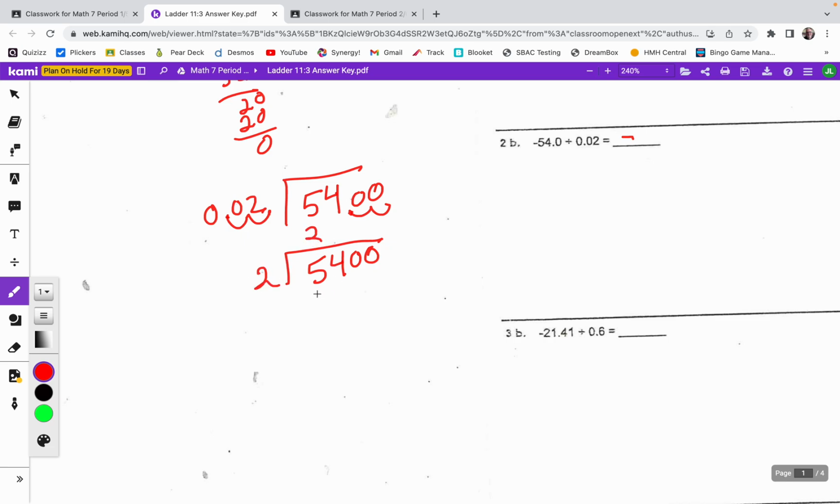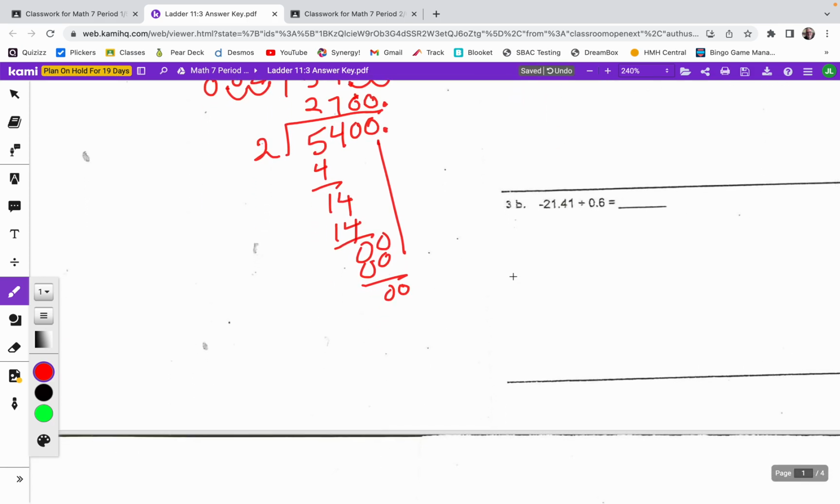So 2, 1 left over, 7, and we bring down this 0. 0 times 2 is 0, and we bring down, so technically we could just go like this and bring this one down. And the reason I'm doing that is because we need to make sure that we get the decimal point in the right place. So that is negative 2700.